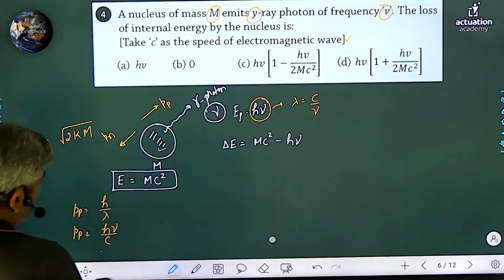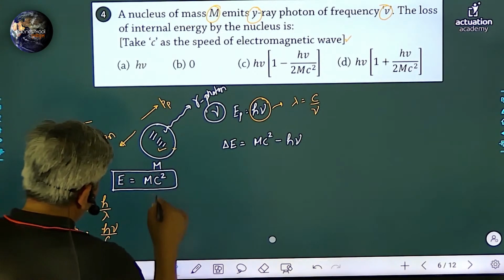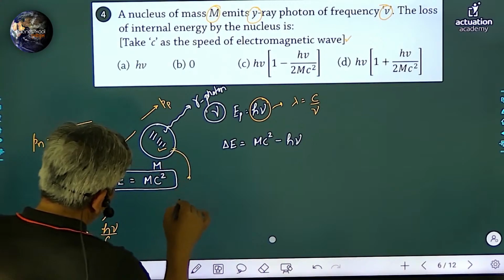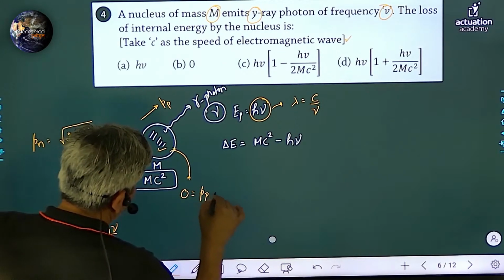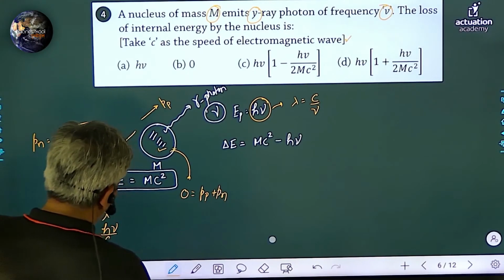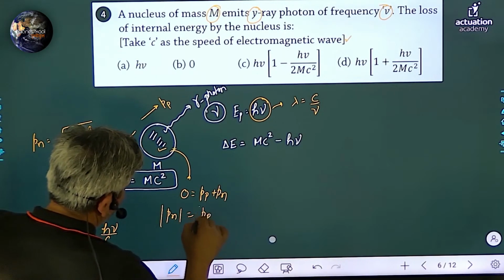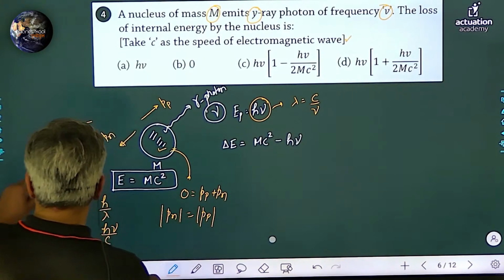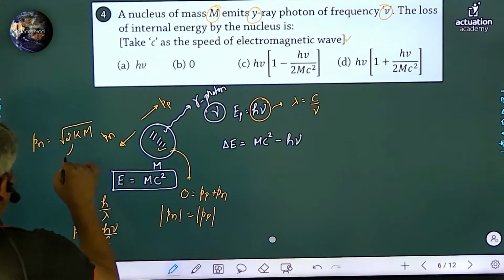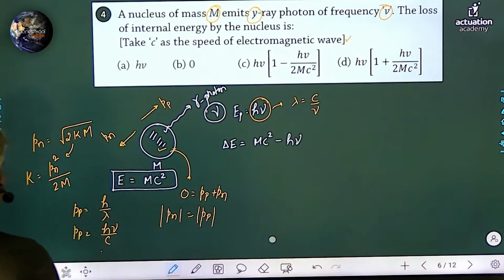And because initially this nucleus was at rest, the net initial momentum was 0, and the final momentum is momentum of photon plus momentum of nucleus, so the magnitude of the momentum of the nucleus equals that of the photon. So the kinetic energy of the nucleus is momentum of the nucleus square divided by 2m.